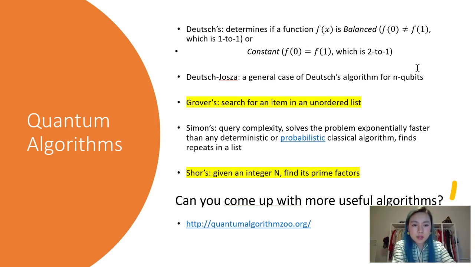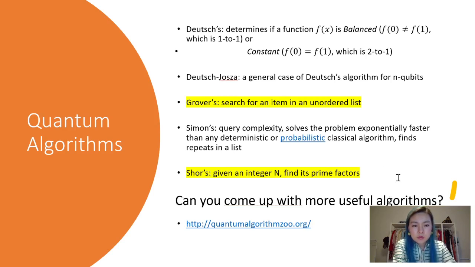And Deutsch-Jozsa is an expanded Deutsch algorithm for n qubits. Later on, you will also see some of the more complex algorithms that also tend to be more useful. So Grover's algorithm is a search algorithm for an ordered list. And then Shor's algorithm you would use to factorize really large numbers.